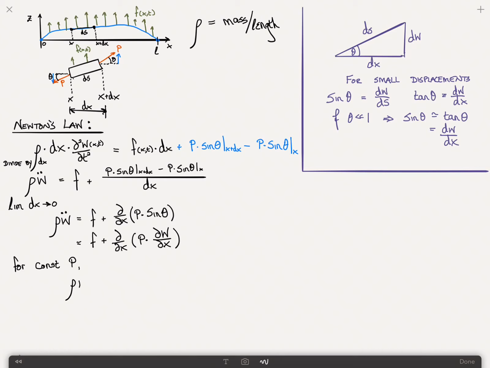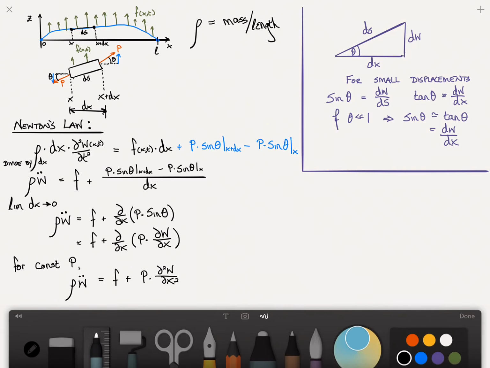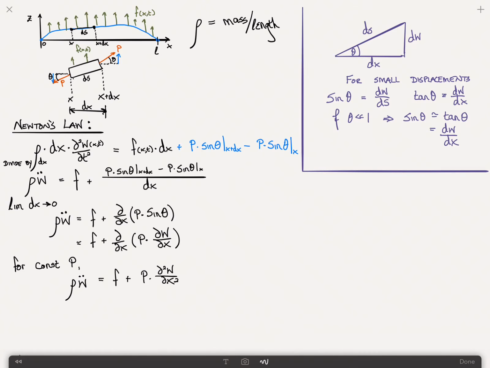We can then rewrite this as rho w double dot is equal to f plus p times d squared w/dx squared. For shorthand, I'm going to rewrite that as w comma xx, just to keep this more compact. w comma xx is the second derivative of w with respect to x.